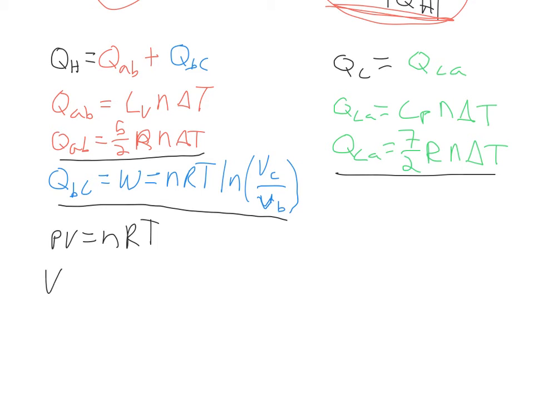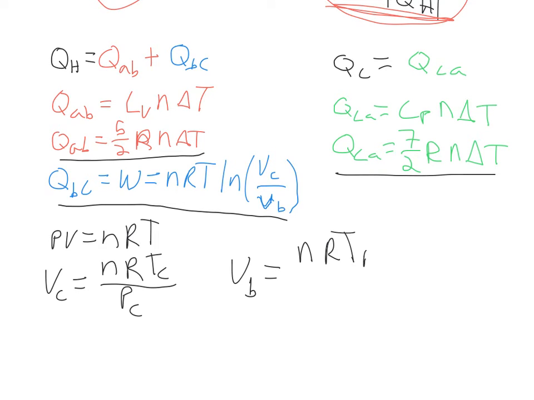We know that the volume at point C would be equal to nR temperature at point C over the pressure at point C. And similarly, the volume at point B would be equal to nR temperature at point B over the pressure at point B. The problem with that, though, is that we don't know really anything about our pressures, right? We have PC and PB here, so those aren't super helpful.